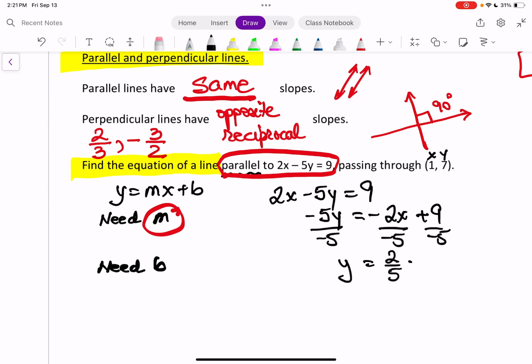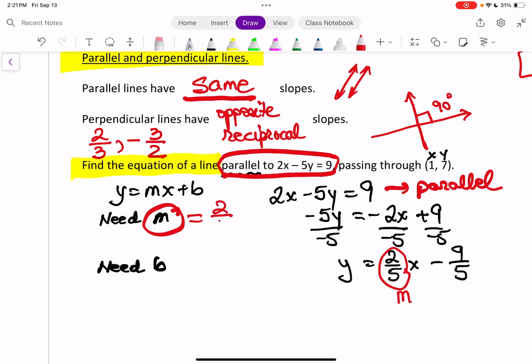That's going to be a positive 2/5 x. Now this number in front of x is the slope. So because my line is parallel, that means my line also has a slope of 2/5. Okay, because they have to have the same slope.